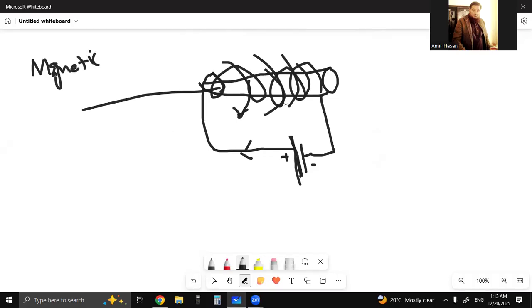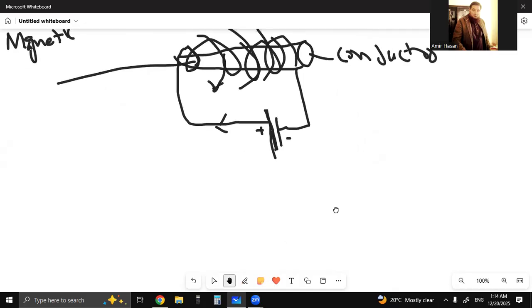This means when electricity passes through the coil wound on a conductor, and we apply direct current on this conductor with the help of the coil, this magnetic material changes into a magnet. When we remove the electricity, the magnetic material changes again into a normal substance.